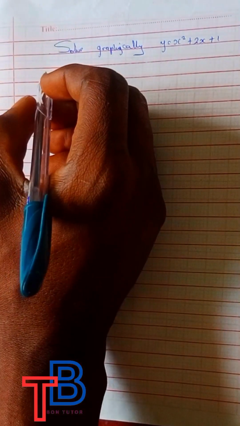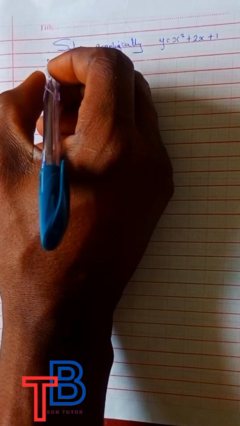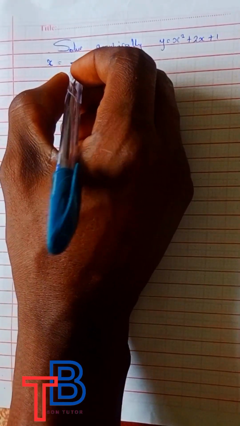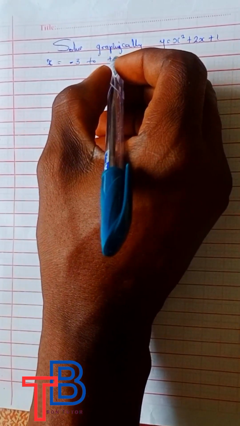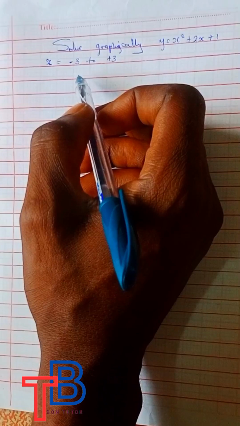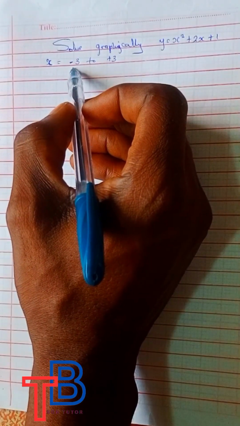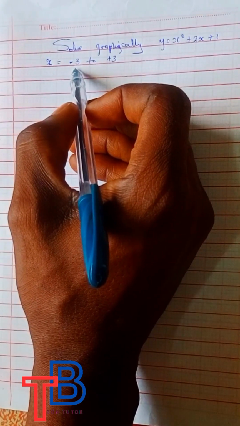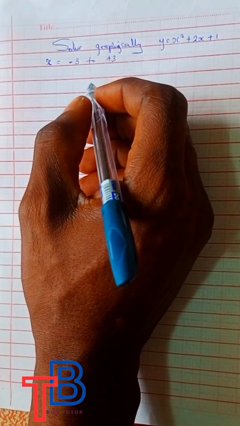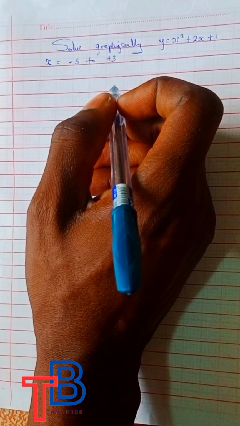That is, we are going to be ranging our x. Let's say we are ranging our x from -3 to +3, which means we are going to find the value of our y when our x equals -3. We'll find the value of our y when our x equals -2 and up to +3.